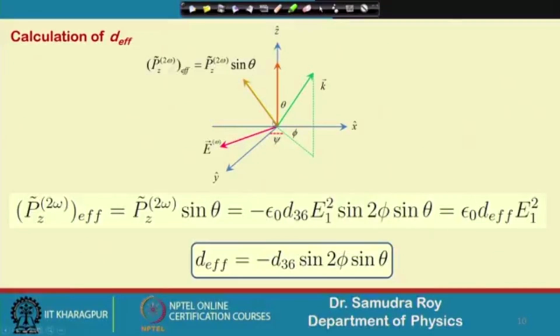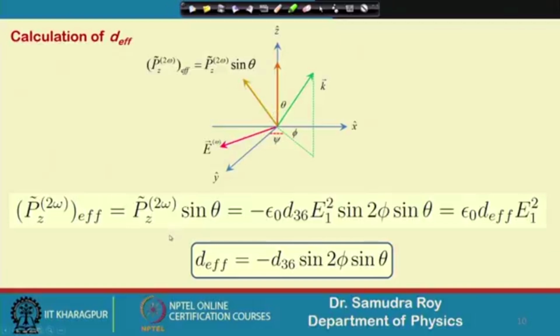So, this direction is basically the direction at which we have our electric field, that is really my extraordinary field. So, the P 2 omega will generate here, but the effective thing we need to subdivide into two parts. So, if this is theta, this part will be the sin theta of that.